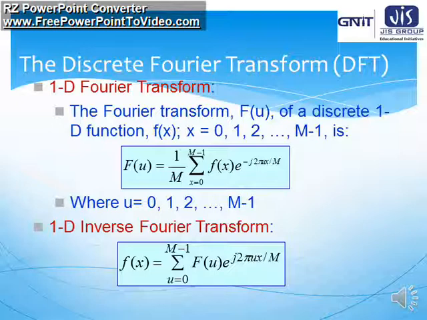Now the 1D inverse Fourier transform has also been given: f(x) equals summation of u equals 0 to M minus 1 F(u) e to the power j2 pi ux by M.